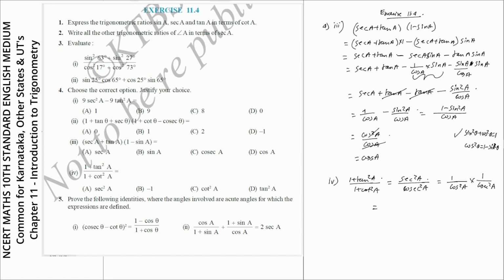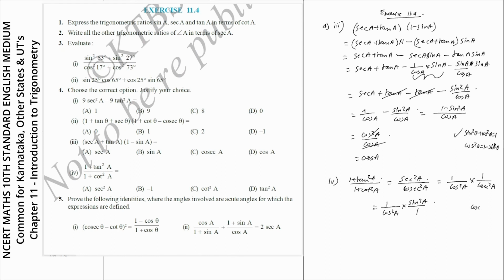Now this is equal to 1 by cos square A. So cosecant square A is sin square A, so that will come in the numerator. Sin square A by 1 I will get.